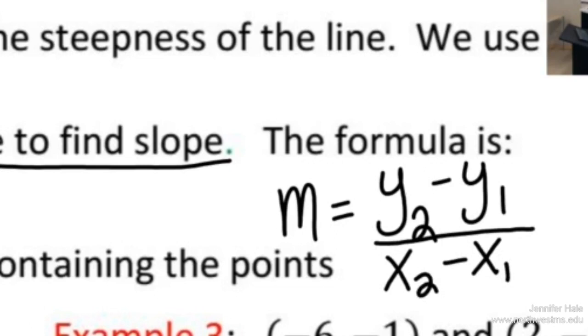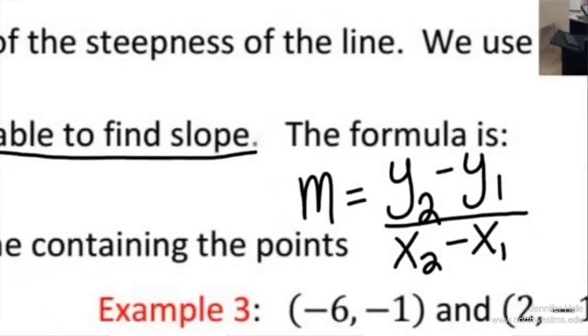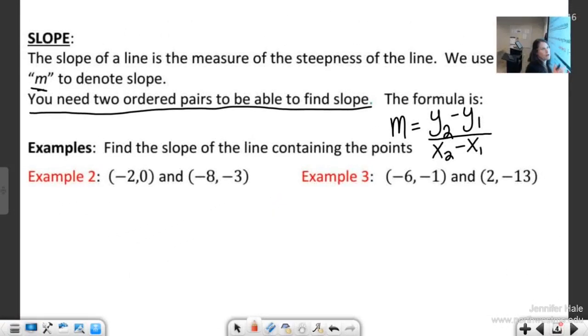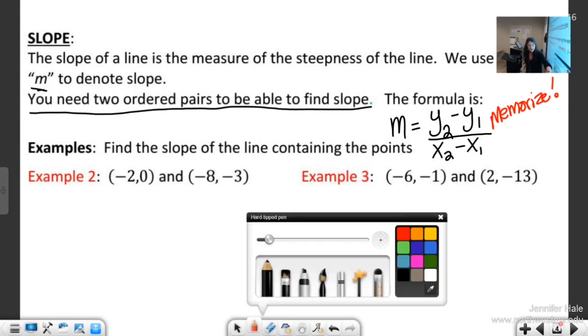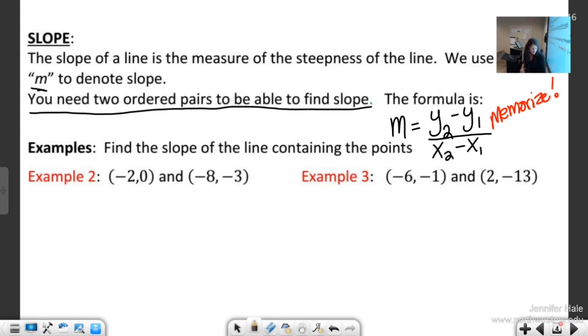So y sub 2 minus y sub 1 over x sub 2 minus x sub 1. I want you to write the word memorize right there by that formula. You have one formula that you need to memorize for me this semester, and that's it, okay? So make sure you have that memorized. And as long as you have it memorized, then finding the slope is super easy, okay?